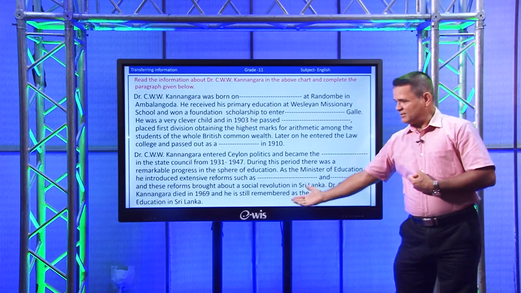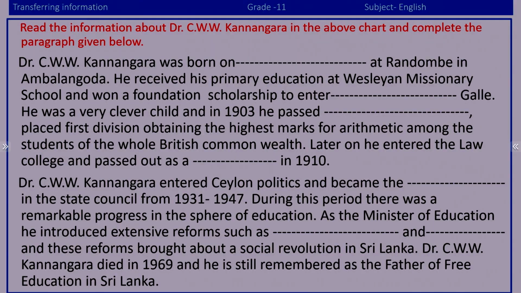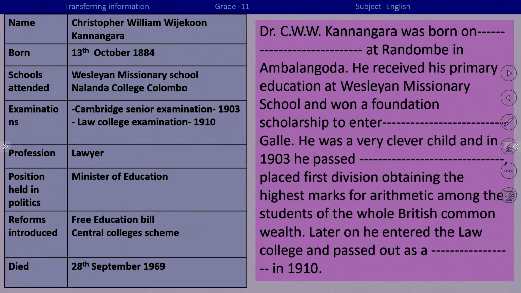Right. First, read the paragraph, and I will show you in this way, then it is very clear. So, the information is there in the table, and now the paragraph with the blanks is here.